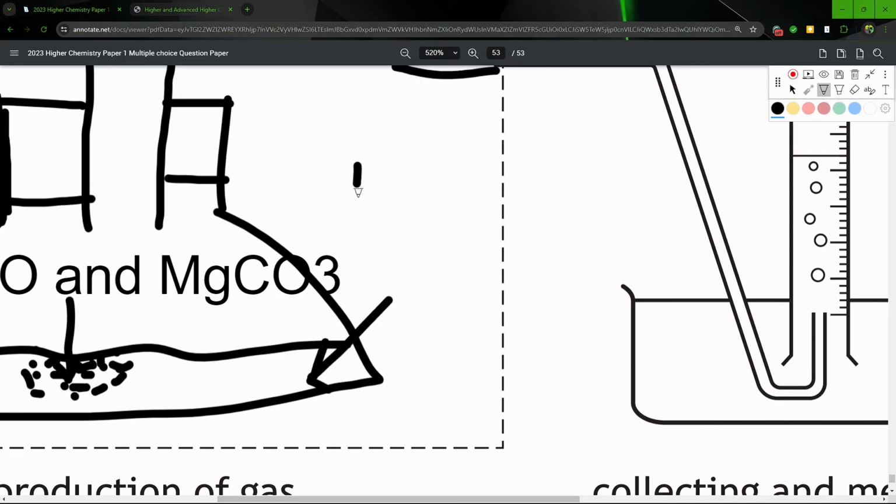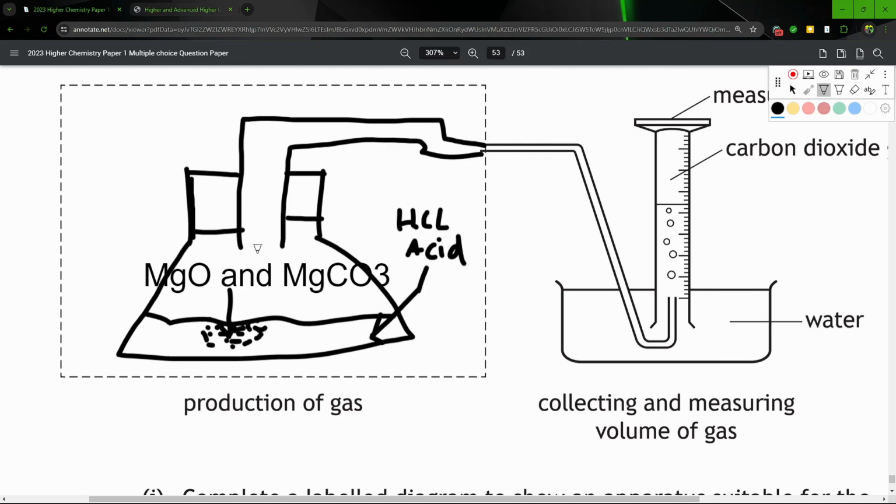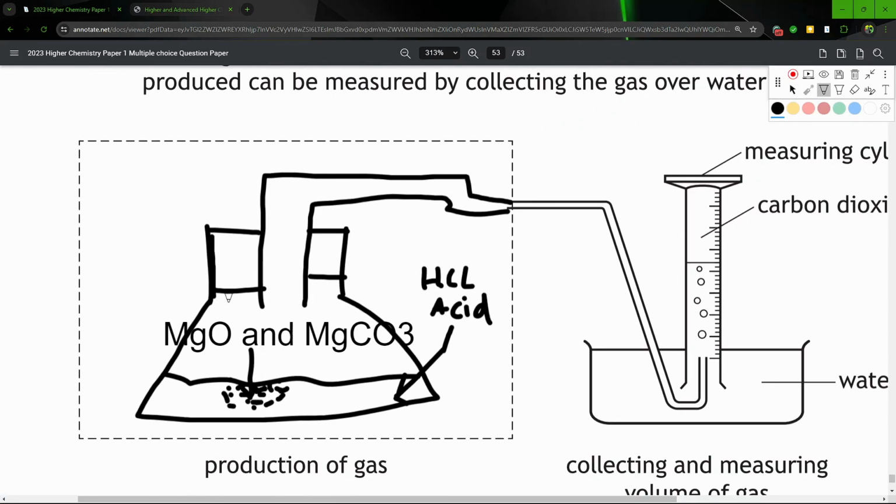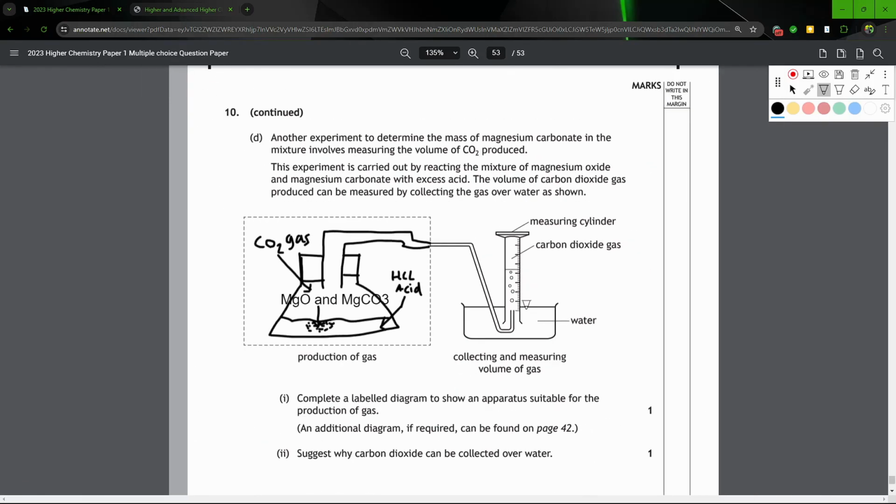So let's go hydrochloric acid, why not? And then another thing that's good to do is to say carbon dioxide gas should be coming out. So label what gas should be produced. I'm going to say CO2 gas. And I'll go up around here and then we can pump it through.